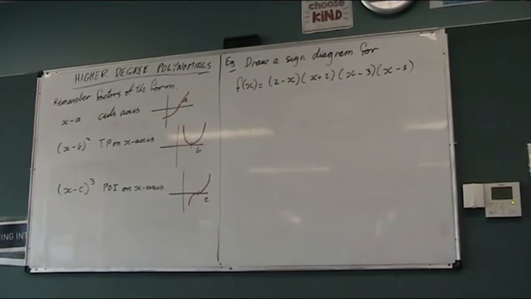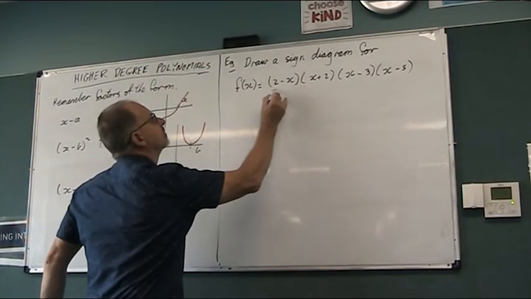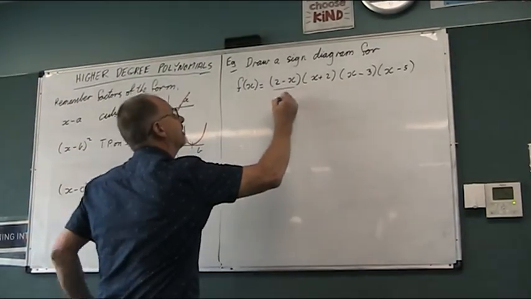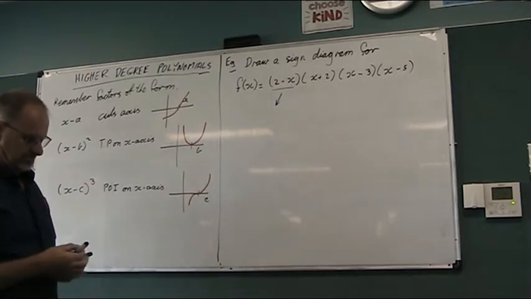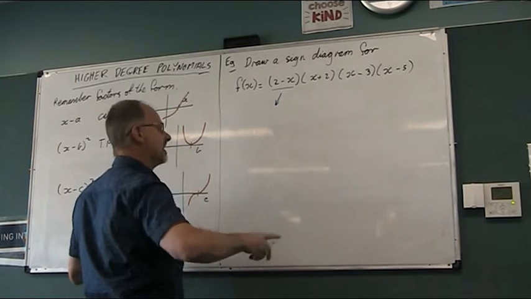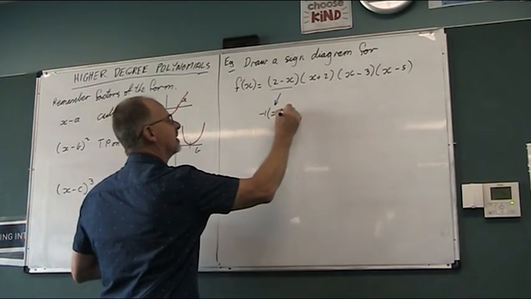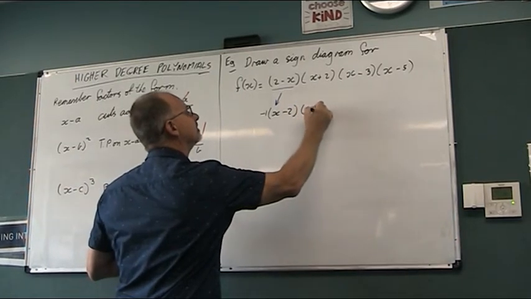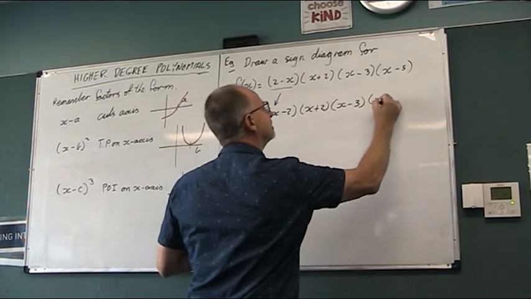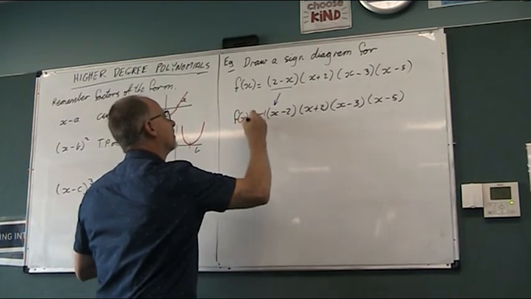Alright, when we were doing this the other day, some people struggled a little bit with this factor. So if you want to look at that, I could rewrite just that factor. I could take minus 1 out as a factor and then write it as x minus 2. That's another way I could write that.